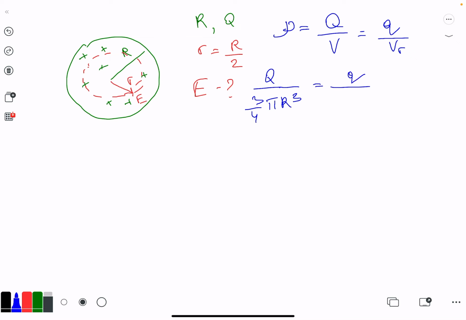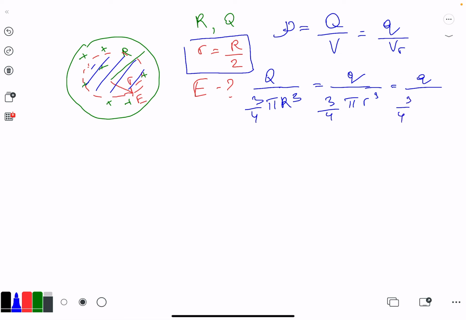Now the small volume of this one is basically 4/3 pi r cubed. Now since we know that r is half of the capital R, which means Q divided by 4/3 pi, now (R/2) cubed.